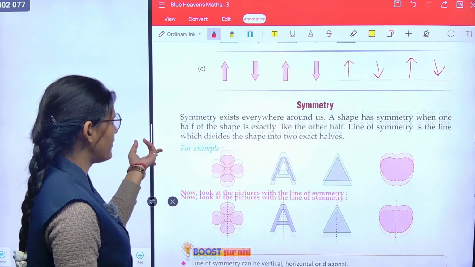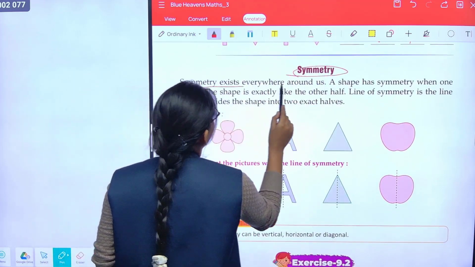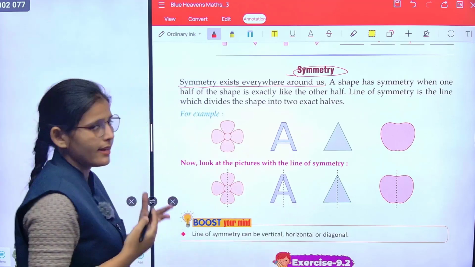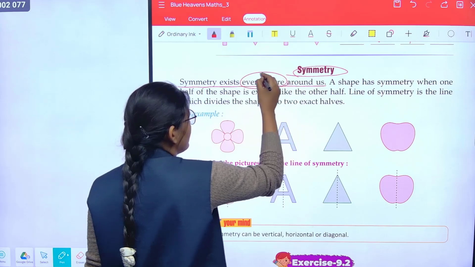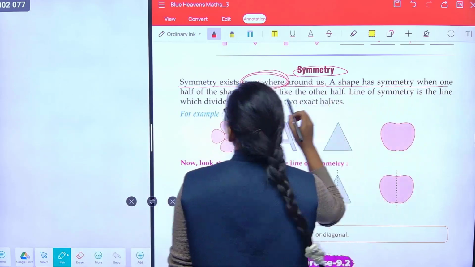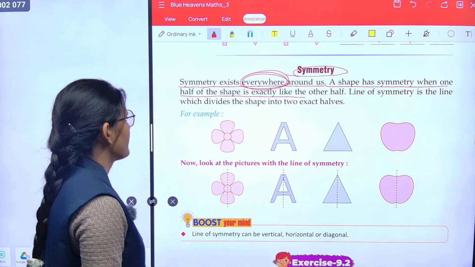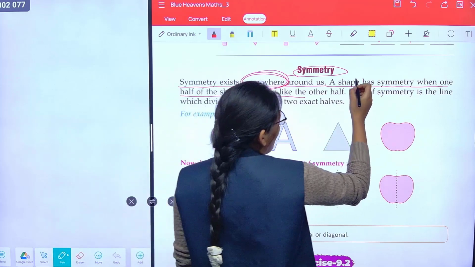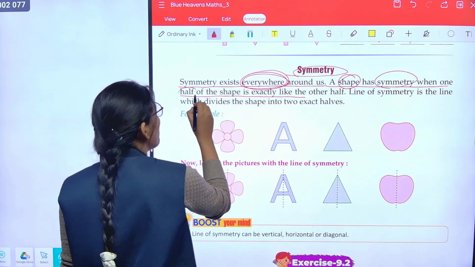Now symmetry, class. Symmetry exists everywhere around us. A shape has symmetry when one half of the shape is exactly like the other half.